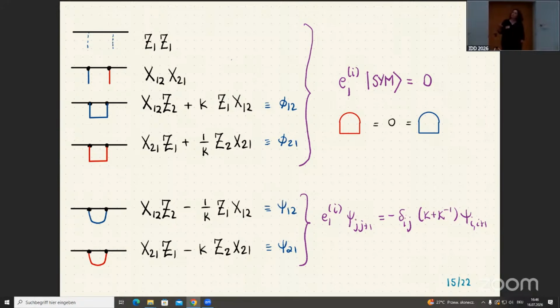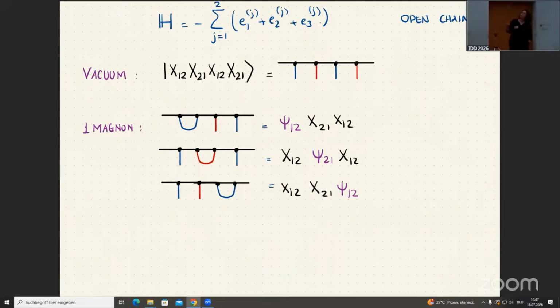But then when you act with EI on a state psi, you get that number that I told you, kappa plus 1 over kappa, when this I is equal to J here. So as long as your E is acting on the right index. Otherwise it's 0 again. Okay. So let's say we are studying the open chain with 4 sides.